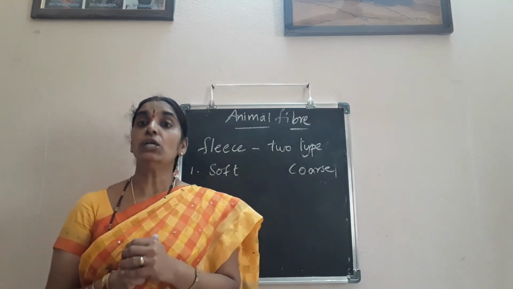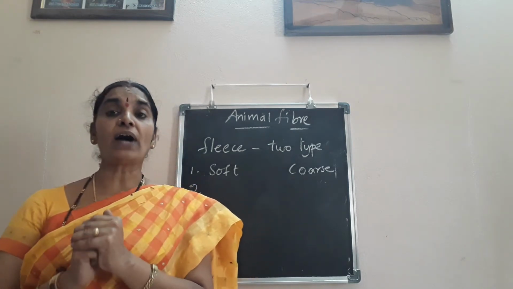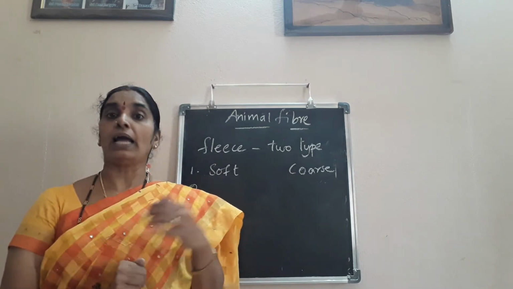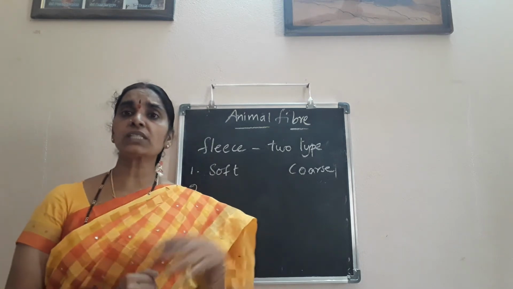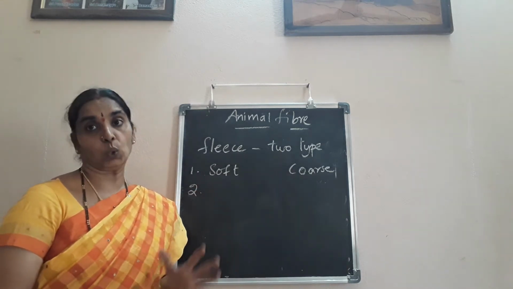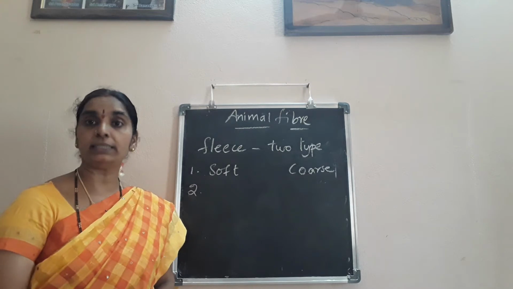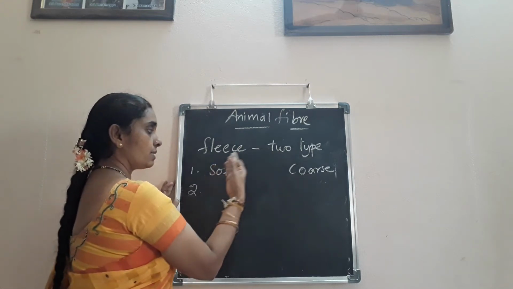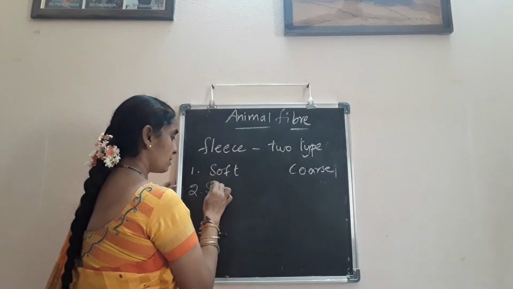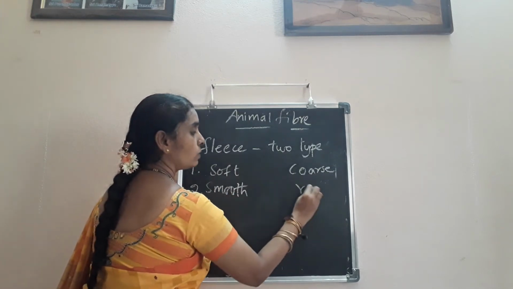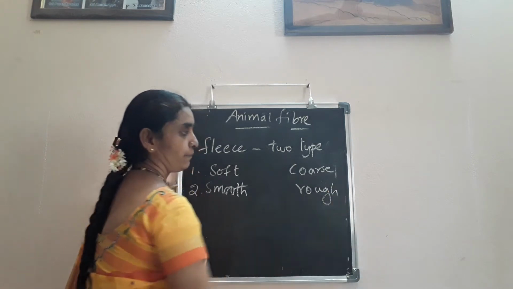The fleece of the merino sheep is the highest quality wool produced in our country. And also the fleece of camel is coarse. Generally they are found in desert regions, isn't it? So the fleece is soft or coarse. This soft wool is smooth and coarse wool is rough.